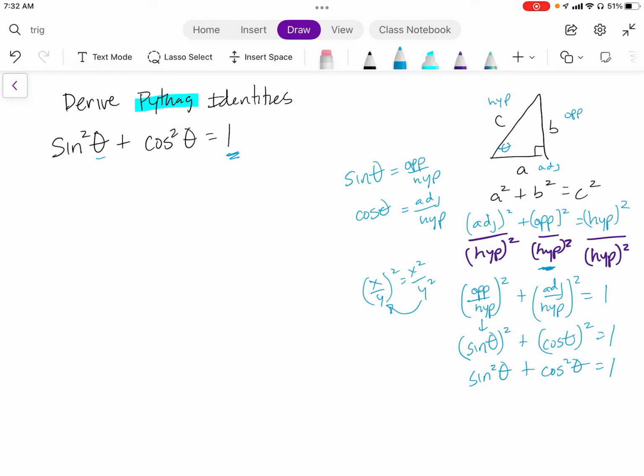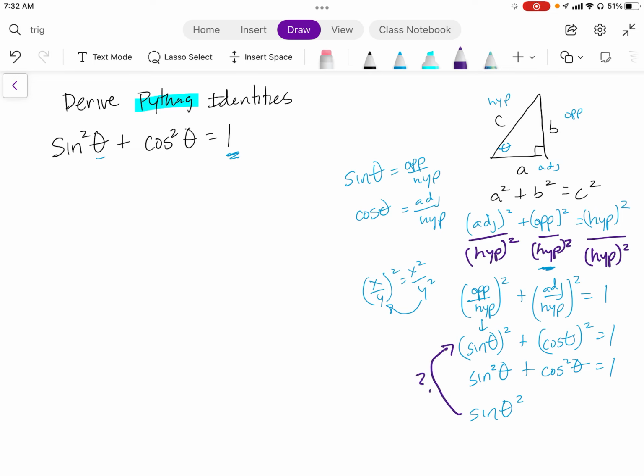So last note, why do they do that? Because if I wrote sine theta squared without parentheses, am I meaning what I had above, sine theta and then square it?